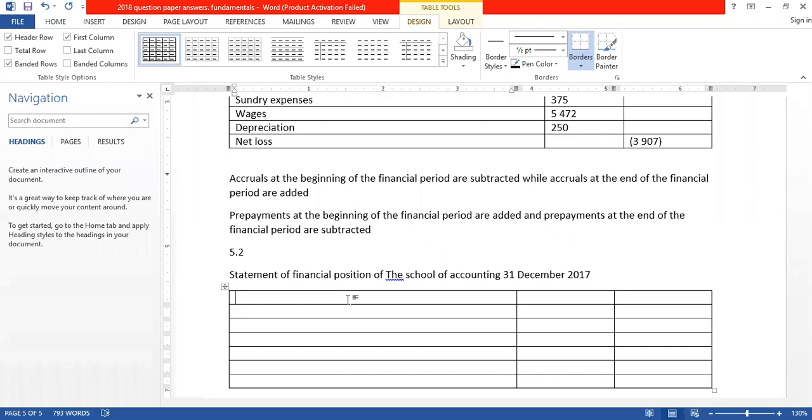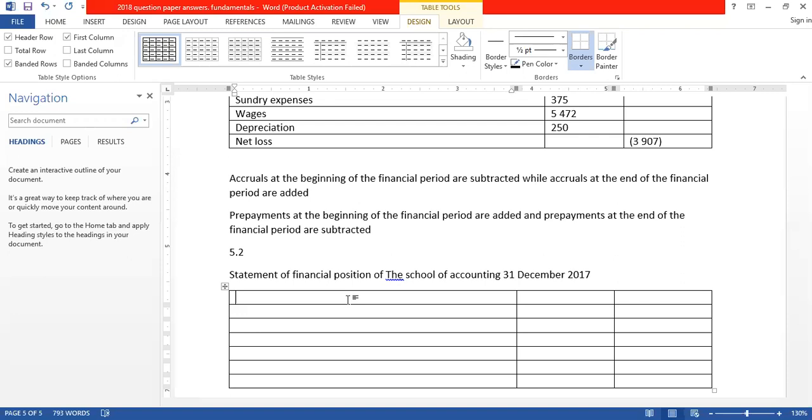Out of that cash, you paid wages of 5,472, drawings of 1,164, and also purchase of goods 2,994. And then you're also given a table of additional information that consists of your opening balances and your closing balances. We said that balances of the previous year become the opening balances of the current year. So the balances that you see there of 2016 are our opening balances of 2017.